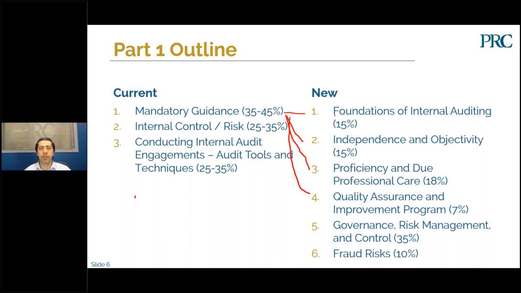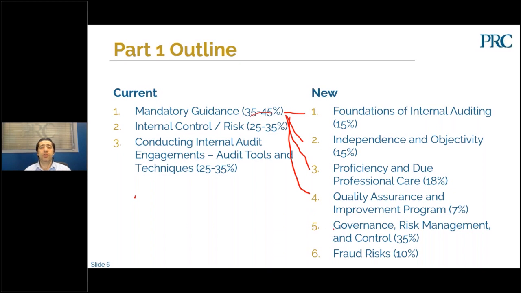The new domain 1, Foundations of Internal Auditing, 15%; Independence and Objectivity, 15%; Proficiency and Due Professional Care, 18%; Quality Assurance and Improvement Program, 7%. These used to be covered under the mandatory guidance over here, 35 to 40%. Now they comprise approximately 55% of the new exam.